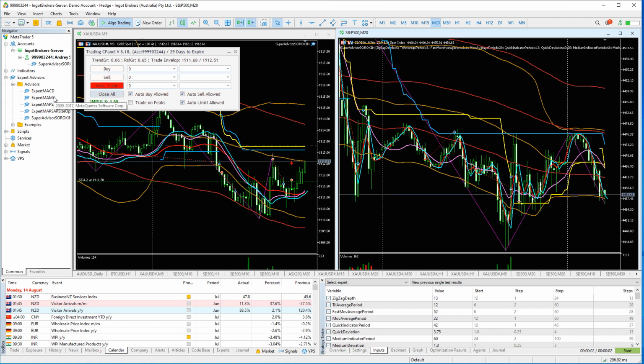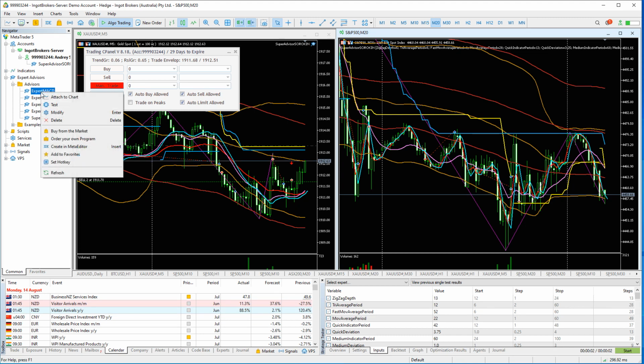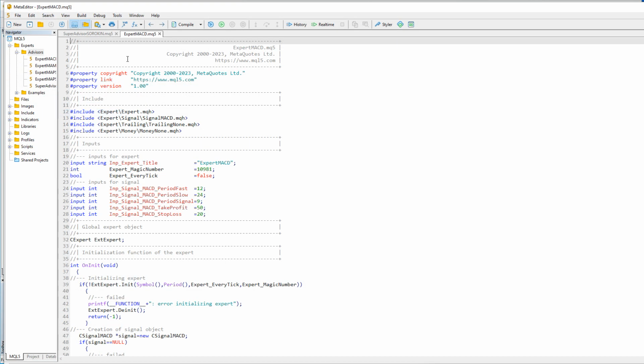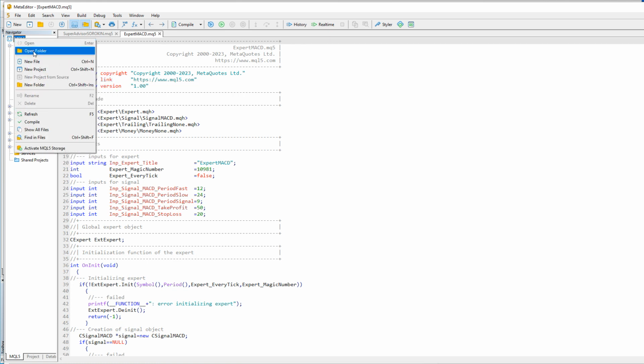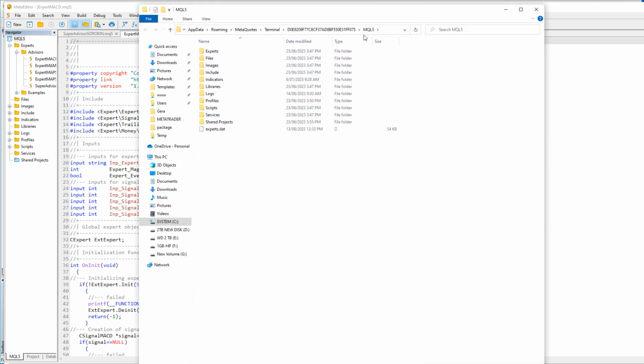The MetaEditor will guide us to where all the files are located. Again, right click, Modify, then right click on the Advisors or on MQL, Open Folder. And we get the MQL location. Put all the files there, and you're happy.